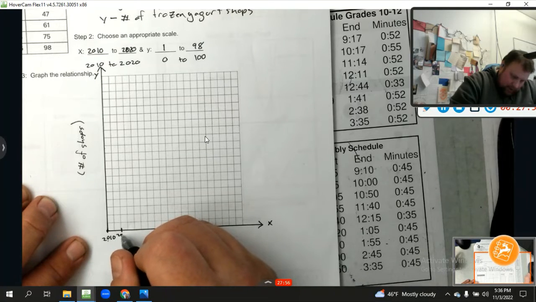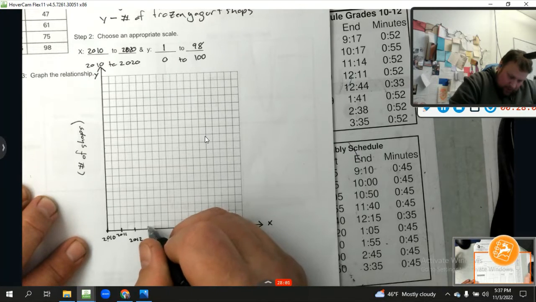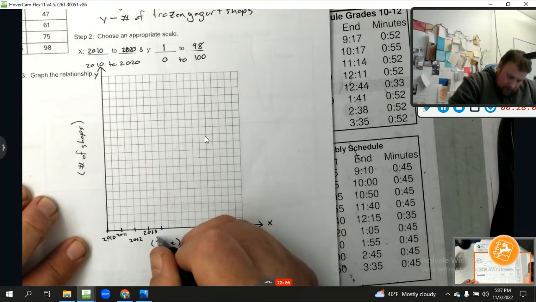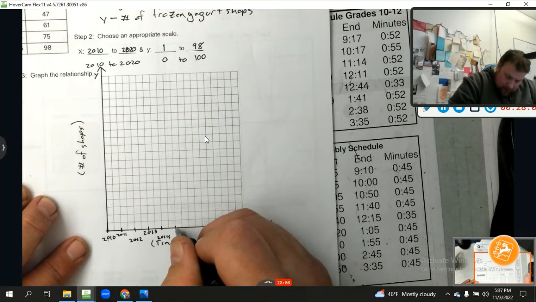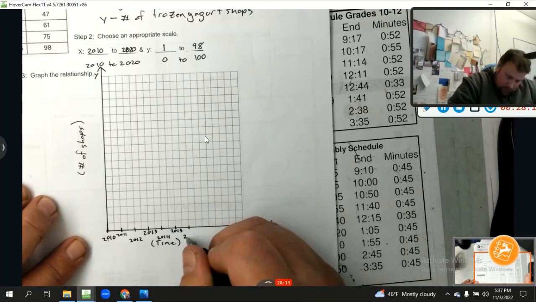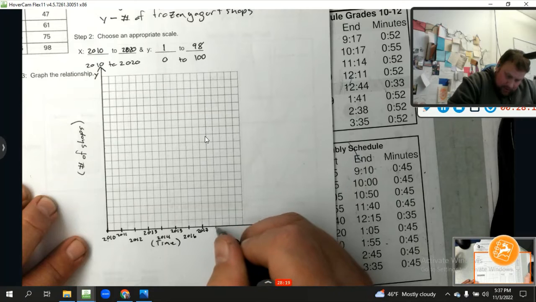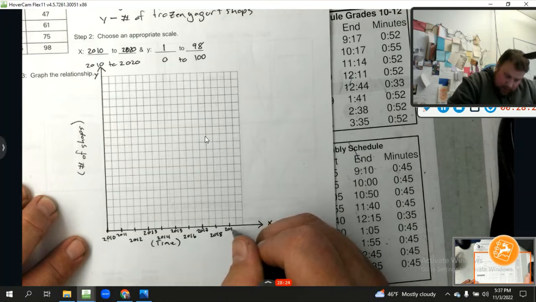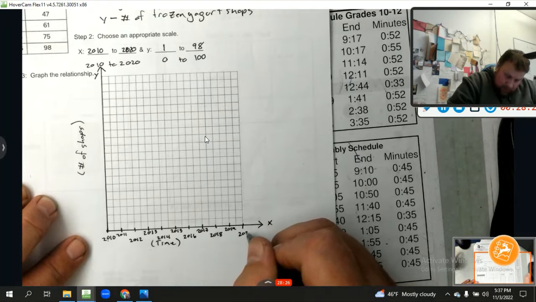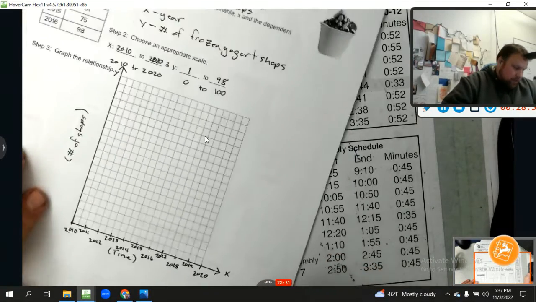So we're going to have 2011, 2012, and I'm just going to alternate them up and down. 2013, 2014, 2015, 2016, 2017, 2018, 2019, and 2020.